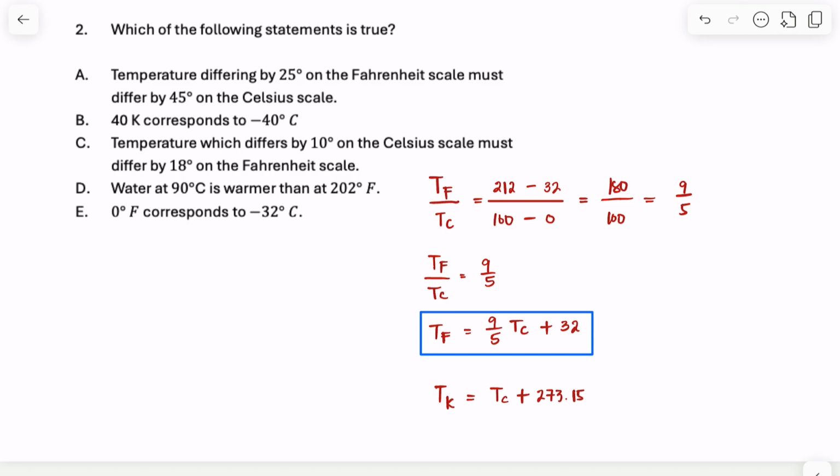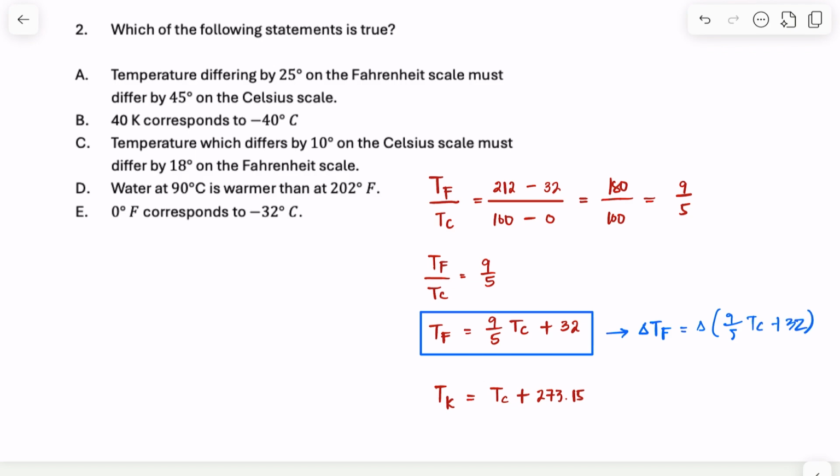Now let's investigate each of these statements one by one. The first statement is: temperatures differing by 25 on the Fahrenheit scale must differ by 45 degrees on the centigrade or Celsius scale. How do we do that? Firstly, we take the change in the temperature in Fahrenheit, which is equal to the change in 9 over 5 T Celsius plus 32.